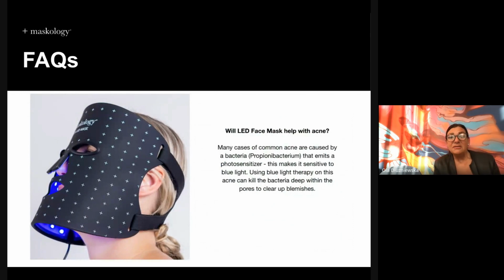Will the LED face mask help with acne? I have had incredible results with teenage skin, that's teenage boys that are pre-shave, that have chronic acne, that's red, angry, pustulous, uncomfortable.